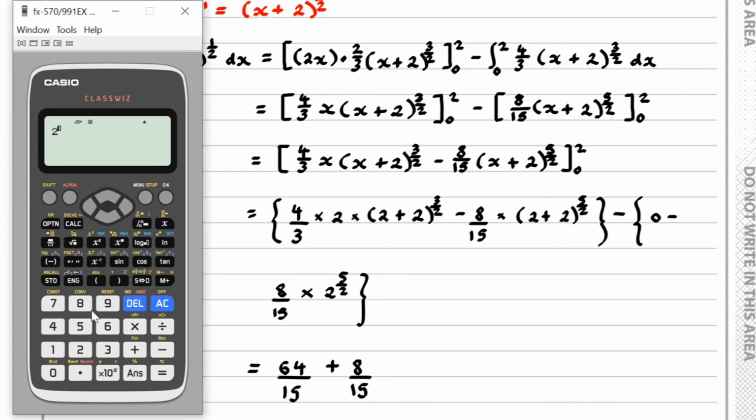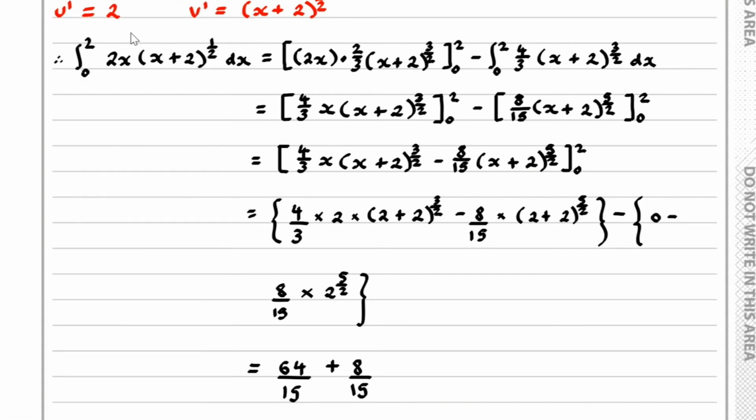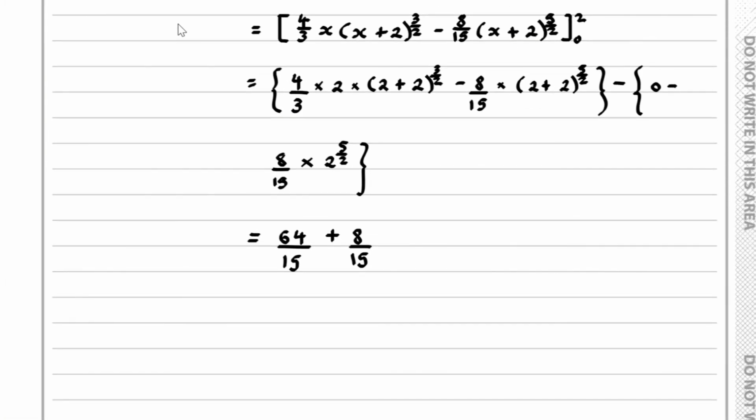Now if I work that out, 2 to the power of 5 over 2, I get 5 point something, which is not in the form I really want. But what I can do is recognize that 2 to the power of 5 over 2 is the same as 2 to the power of 1/2 to the power of 5. So I've got 64 over 15 plus 8 over 15 times by, now here 2 to the power of half, that's square root 2.